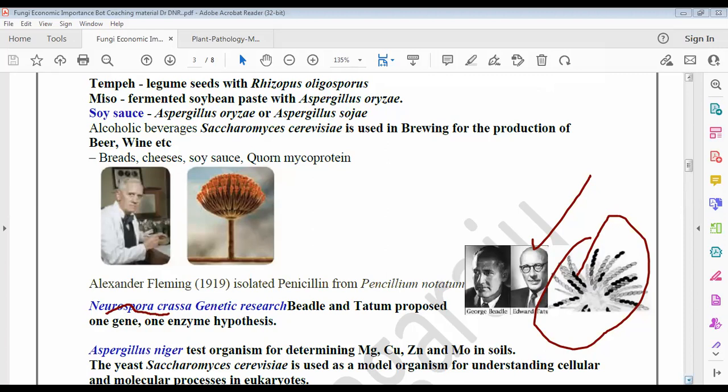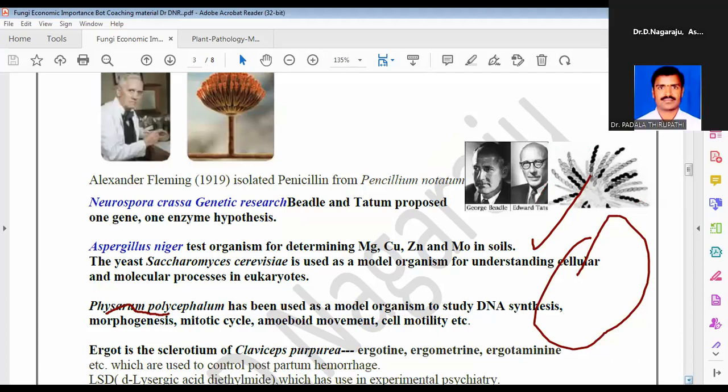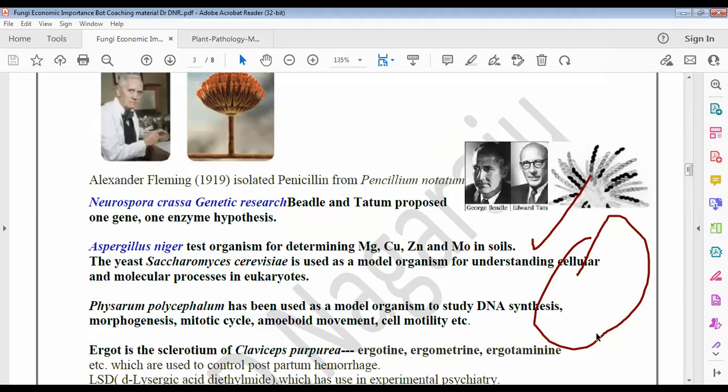Aspergillus niger is used as a test organism for the determination of trace elements, minute elements like magnesium, copper, zinc, and molybdenum in the soil.